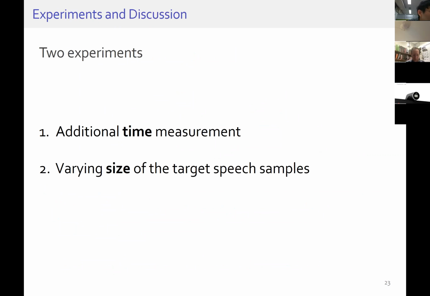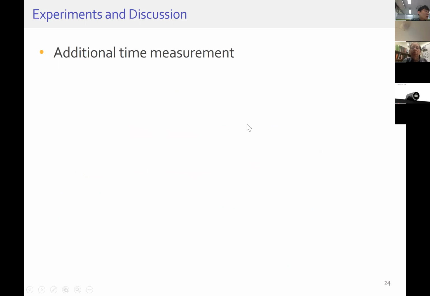Considering this structure, we should analyze two issues. One is about additional time consumption by VCN, and the other is about the appropriate size of target speech samples to train VCN. Firstly, we measured elapsed time with respect to each module.